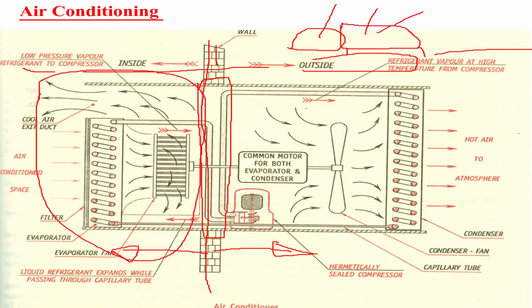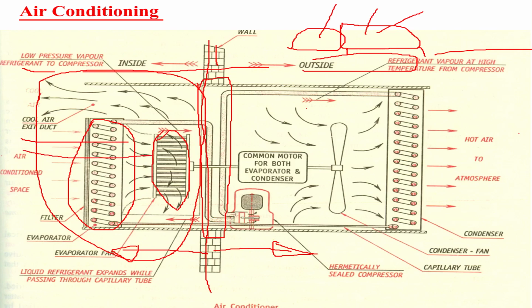So then it consists of, number one, this coil called evaporator coil. Always evaporator coils are located in the region which is to be maintained at low temperature. Then here there is a fan which draws in the air from the room. Say this is the room.